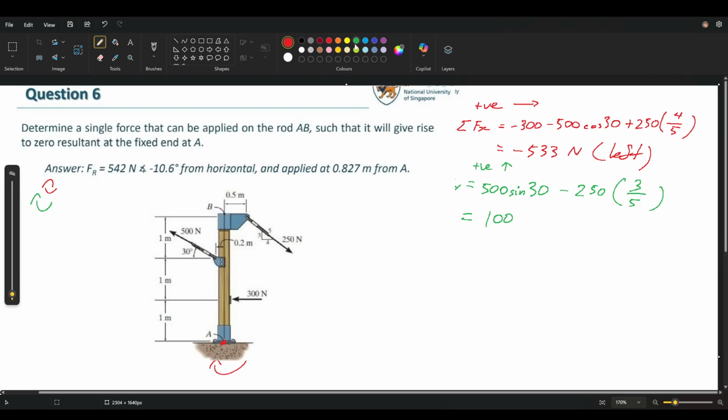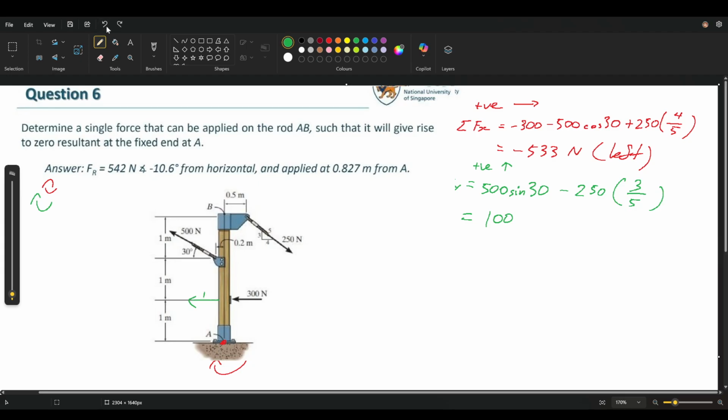I'm going to use blue as neutral first. And this will give me anti-clockwise. So I now have 300 Newton going anti-clockwise. I'm just going to label this as 1.